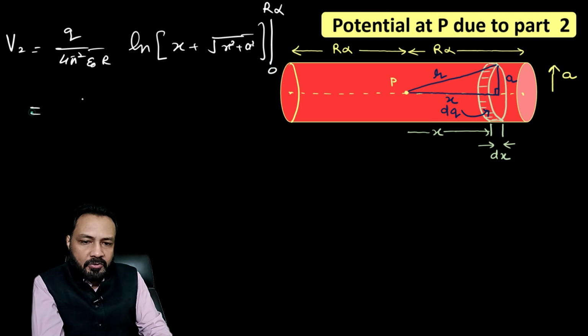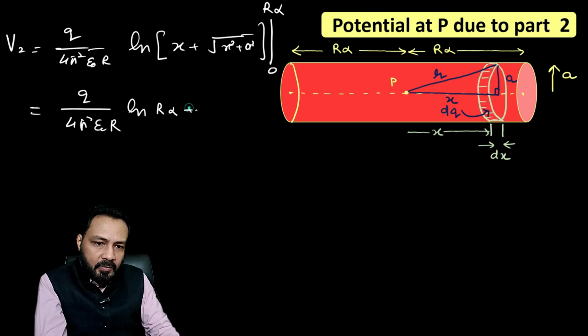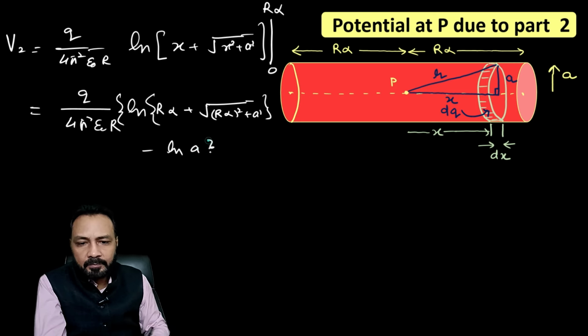So putting the limits, q divided by 4 pi square epsilon naught r, the upper limit will become ln of r alpha plus square root of r alpha square plus a square, minus ln. In place of x I'll put 0, that will become simply ln a.